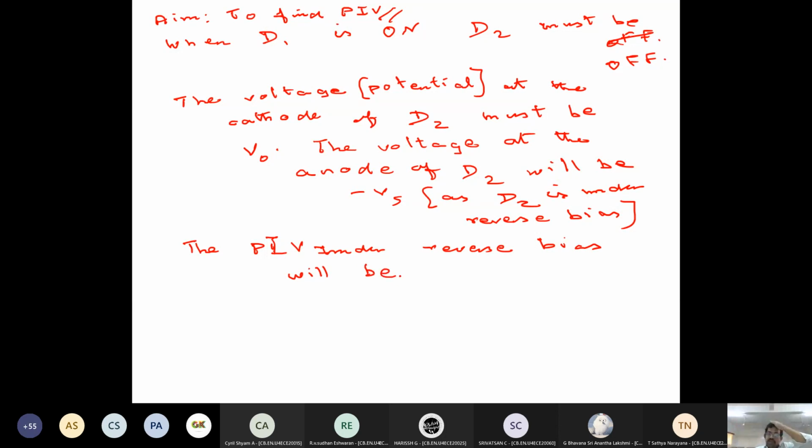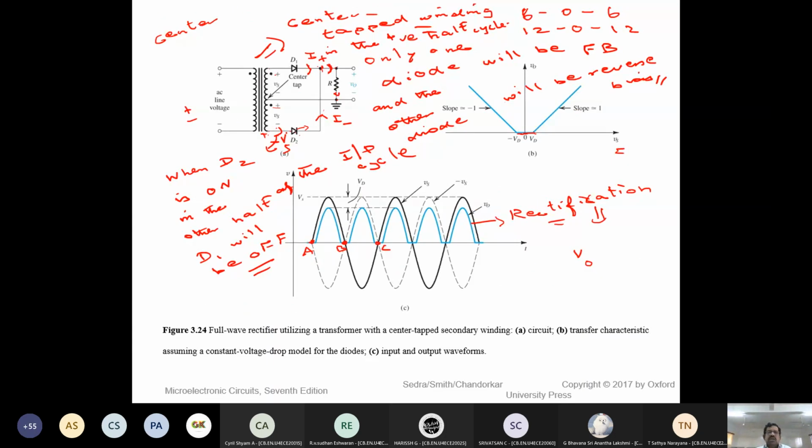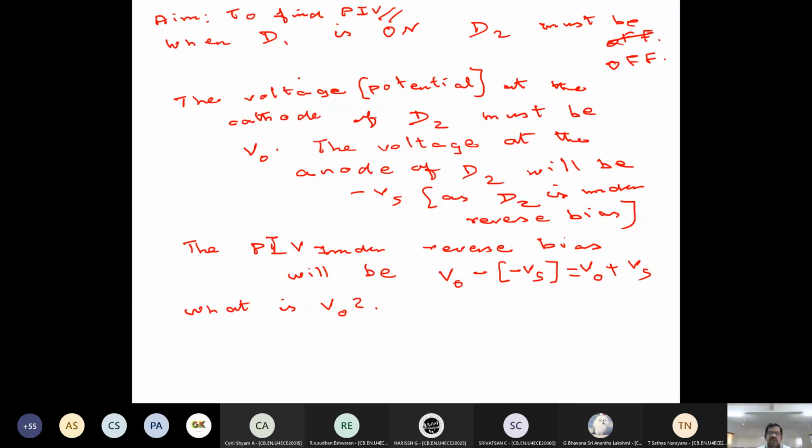It will be negative minus positive, because it is inverse voltage, therefore it will be V0 minus of minus Vs, which is equivalent to V0 plus Vs. Now what is V0? V0 is the output in one half of the cycle. So what will be the value of V0? V0 will be Vs minus Vd. V0 equals Vs minus Vd.